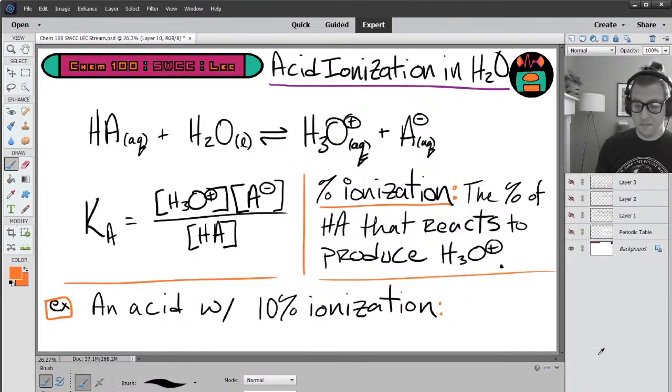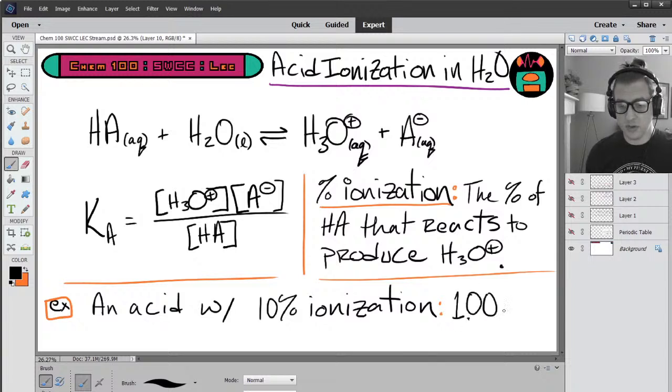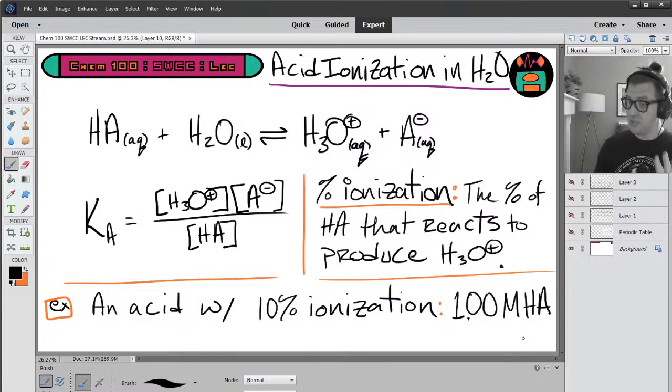So let's say you had a solution of 1.00 molar of this acid, 10% ionization. That means 10% of your original amount of acid has ionized into H3O+.